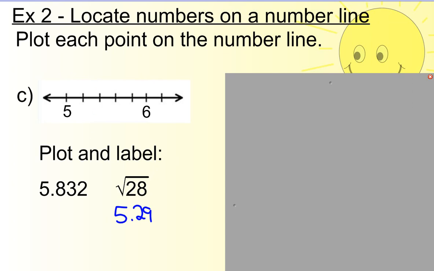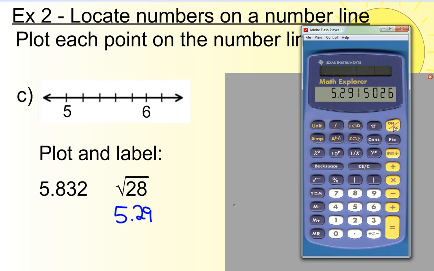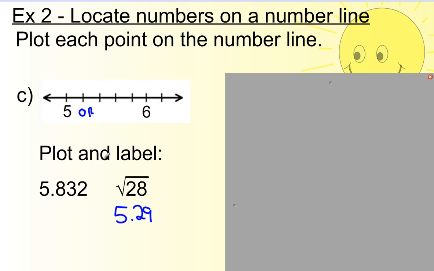So between 5 and 6, there's 5 spaces. I can show you a little trick. Between each number, you're dividing it by 5 spaces. That's how big each space is, 0.2. So 0.2, so it'd be 5.2, 5.4, 5.6, 5.8.